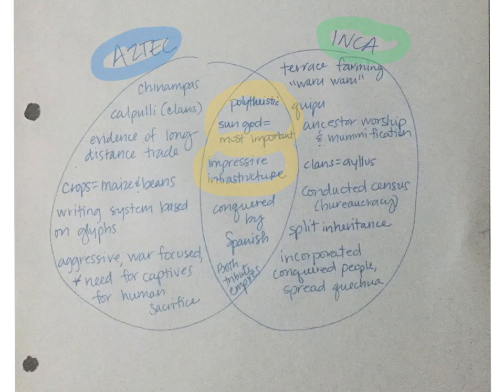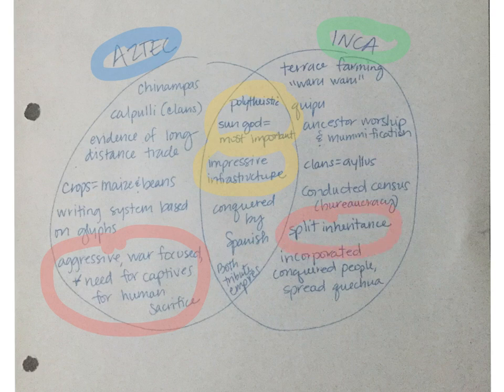On the other hand, an important difference is how they ran the empires, like the way that they administered the empires. On the one hand, the Aztec were very war-focused and aggressive because they needed more people to sacrifice. That's one reason they waged war. Whereas in the Inca Empire, they were really motivated by something called split inheritance.